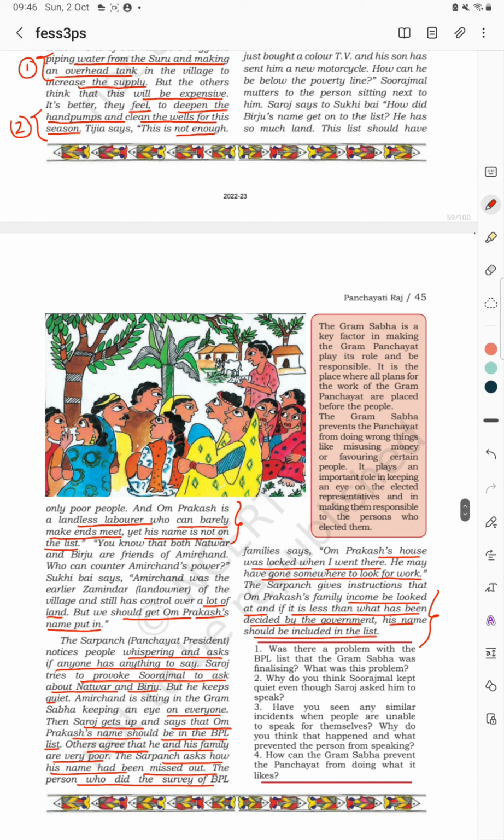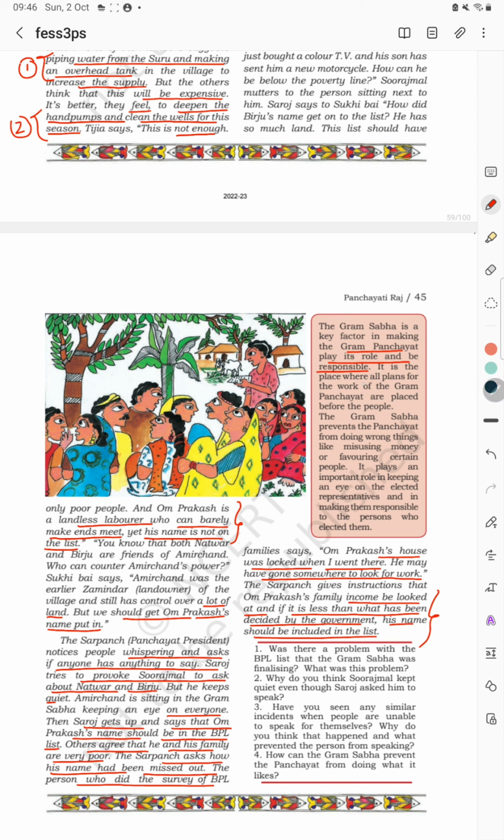Gram Sabha is a key factor in making Gram Panchayat play its role and be responsible. Basically, the members of Gram Sabha, as we have seen earlier, ensure that Gram Panchayat is a responsible institution and ensure its accountability.